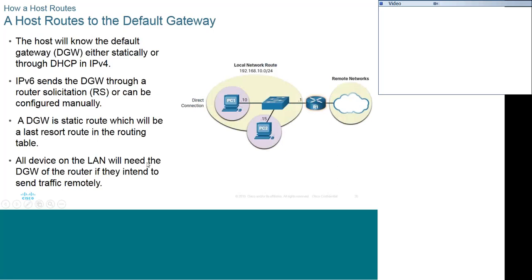All devices on the LAN will need the default gateway of the router for traffic to remote networks, so you have to include the IP default gateway. This is the idea behind the default gateway.